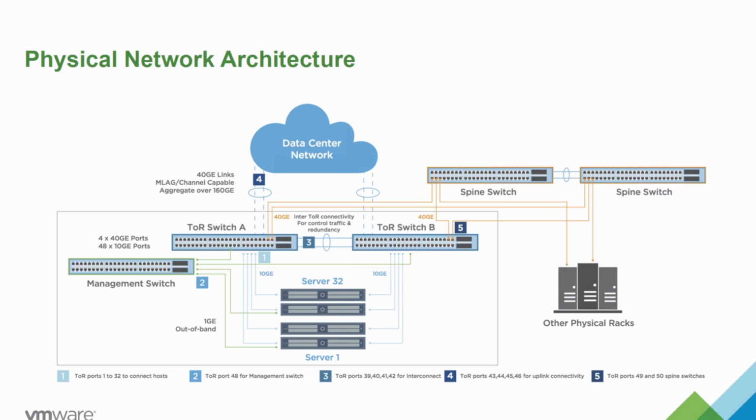The physical network architecture, I've alluded to this a few times, so we don't need to spend a whole lot of time here, but I do like to point out that there's a heck of a lot of bandwidth in the config that we point out. Each host, each node in VCF has 2 10 gig E connections coming out of it, going to a top-of-rack switch.